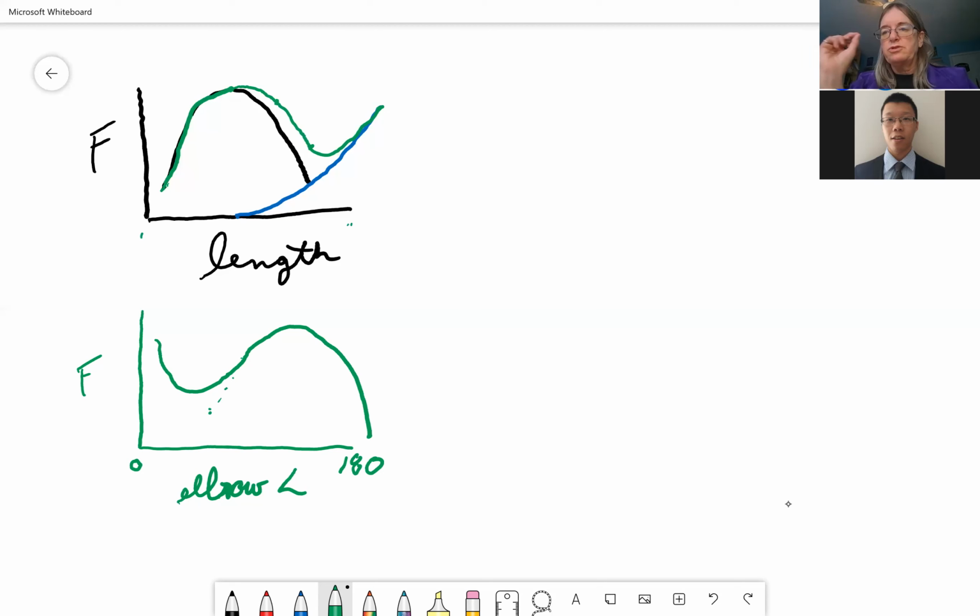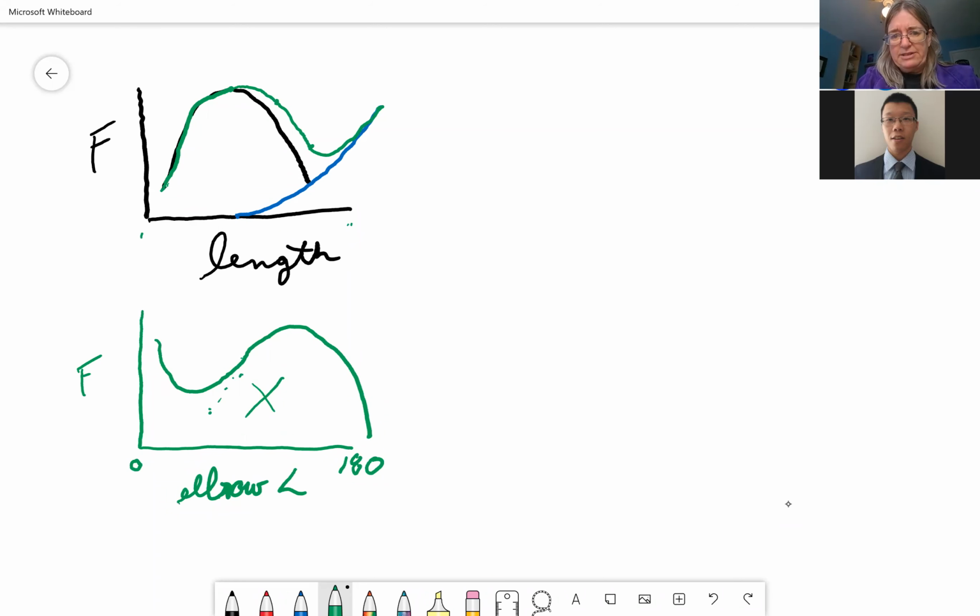Well, so there's two things that are going on at a joint angle. One is you're changing length, and the other is you're changing moment arm. So I'm just showing you here the effect of the change in length, but it isn't the whole story. This isn't exactly what you will get.